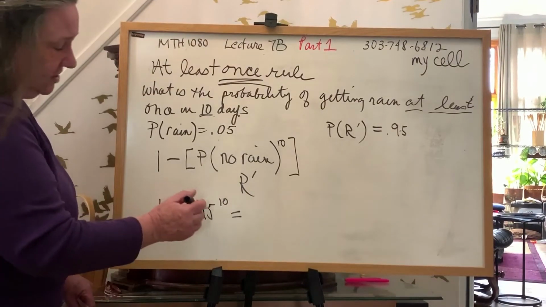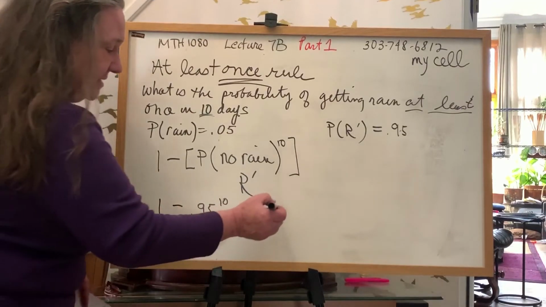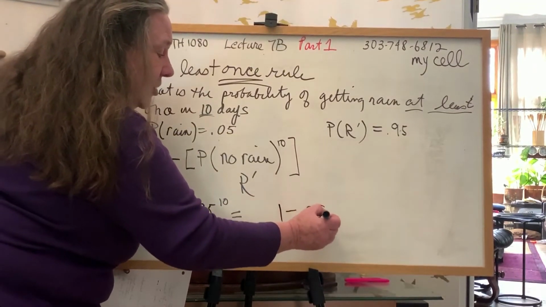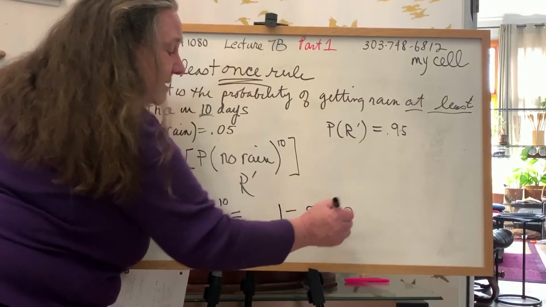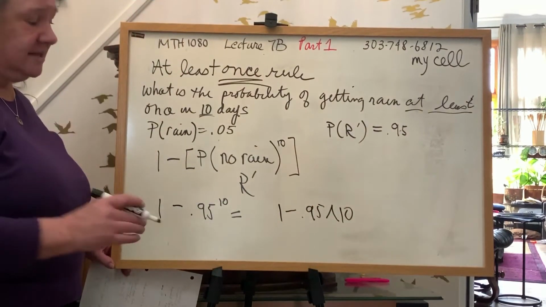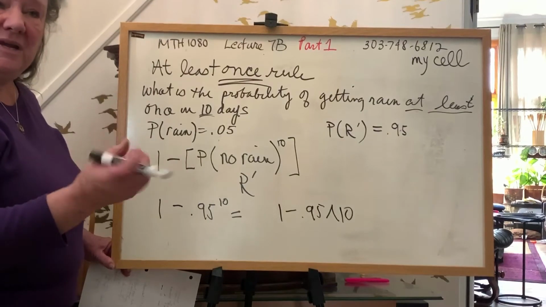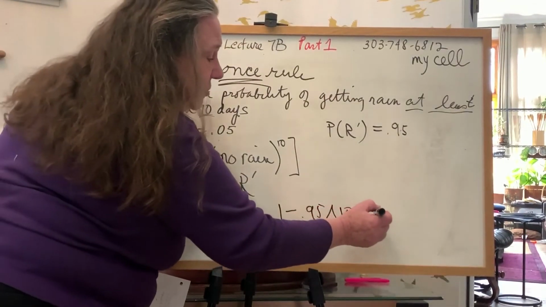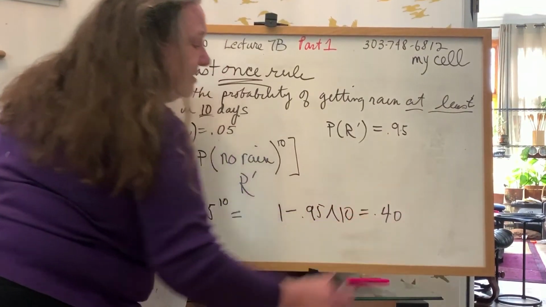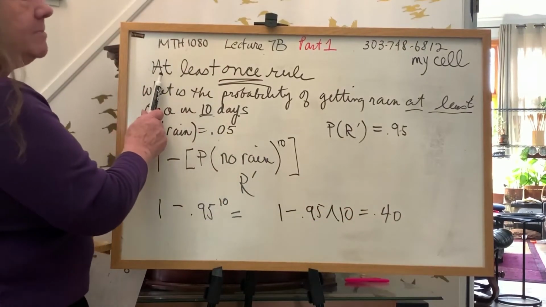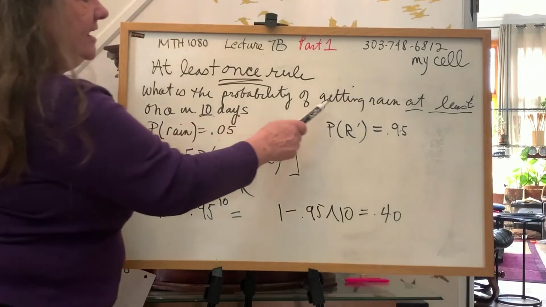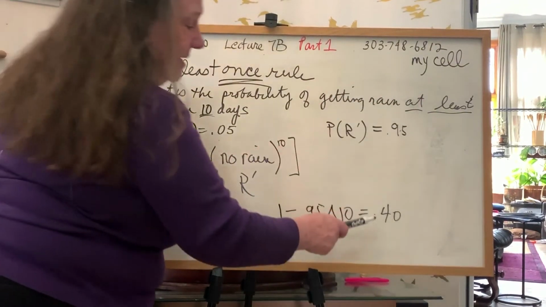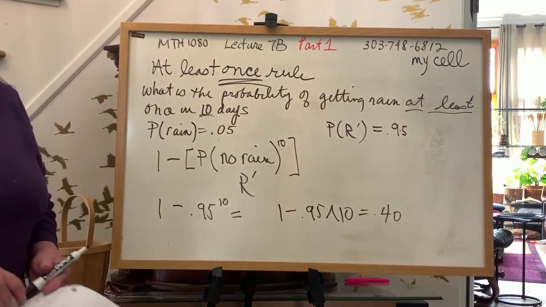You enter it into your calculator exactly like this: 1 subtract 0.95 to the 10. Okay, you don't need parentheses because it's just 0.95. That's a literal number. So that gives you 0.40. So the probability of getting rain at least once in 10 days is 0.40.